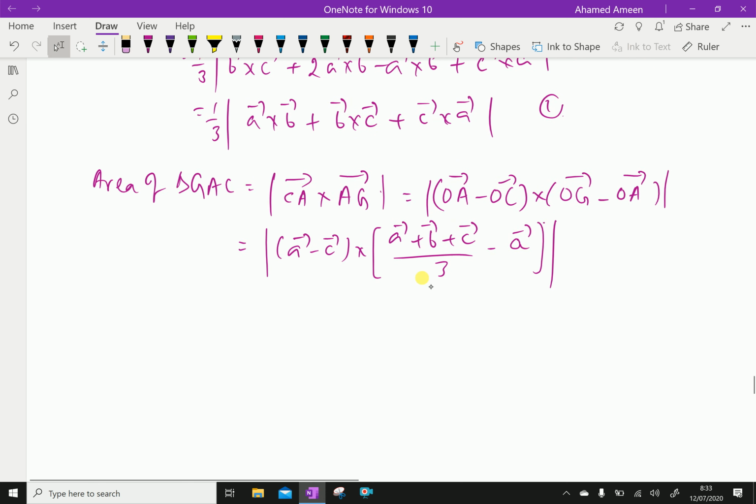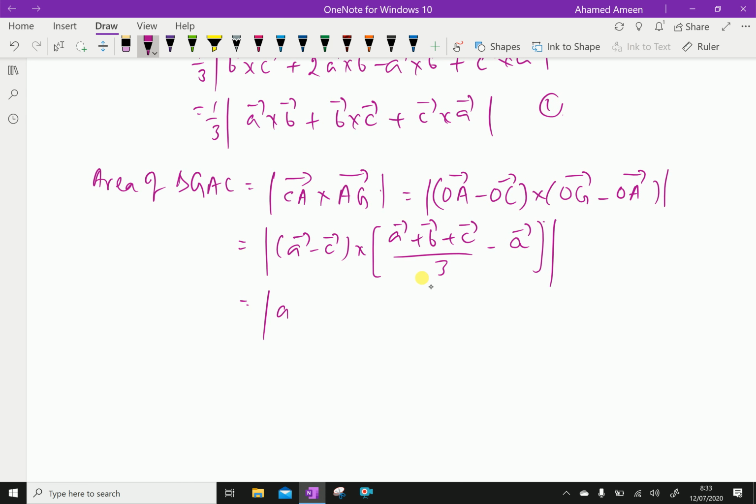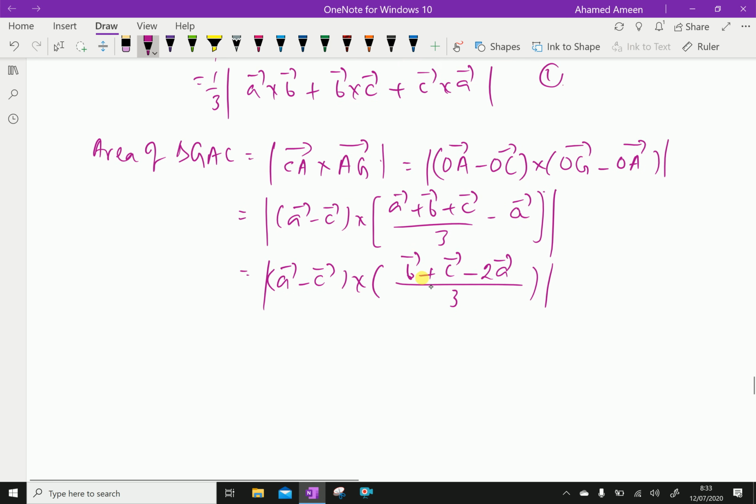Similarly as before, vector AC into (3 minus 3A) cross B plus C minus 2A.